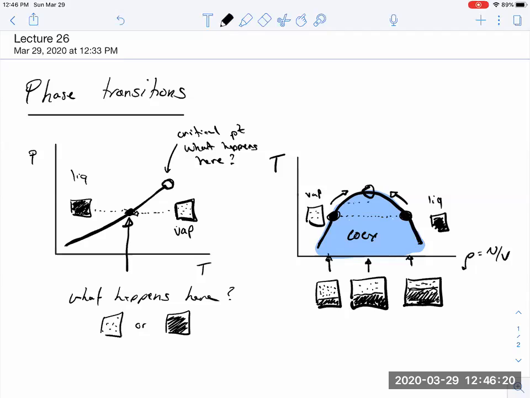Now, if we're underneath this curve, we'll still see an interface that separates the vapor from the liquid. But at higher and higher temperature, that density difference gets smaller. So the coexisting phases, in this case liquid and vapor, become more and more similar.